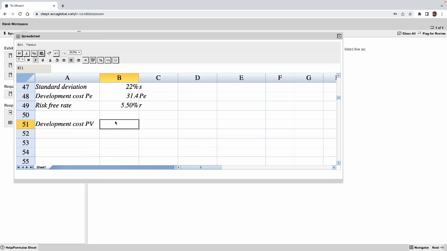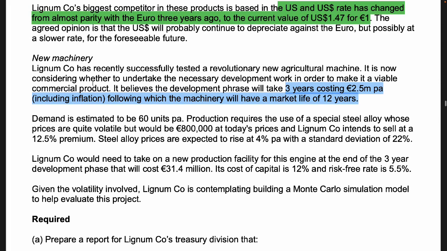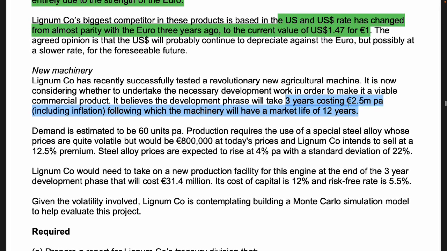Well, I'm going to spend how many payments here? The payment is 2.5 million. It believes the development phase will take 3 years, costing 2.5 million per annum, including now. So basically, we are starting at year 0, 1, 2. Got it? Year 0, 1, and 2.